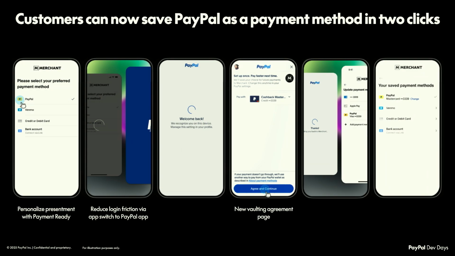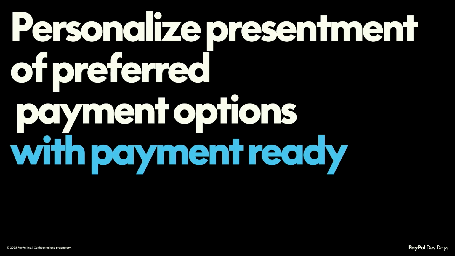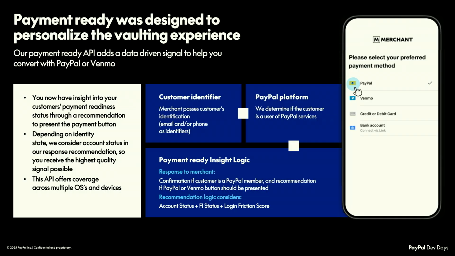So with that, the first of 3 focus areas is how do we personalize presentment of preferred payment options with something called payment ready. Payment ready is essentially an API that will add a data-driven signal to help you convert with PayPal or Venmo.